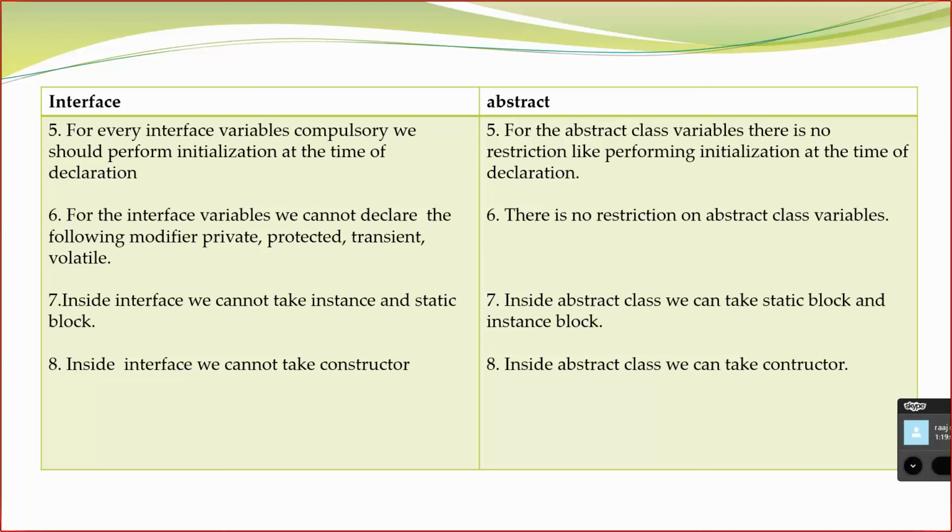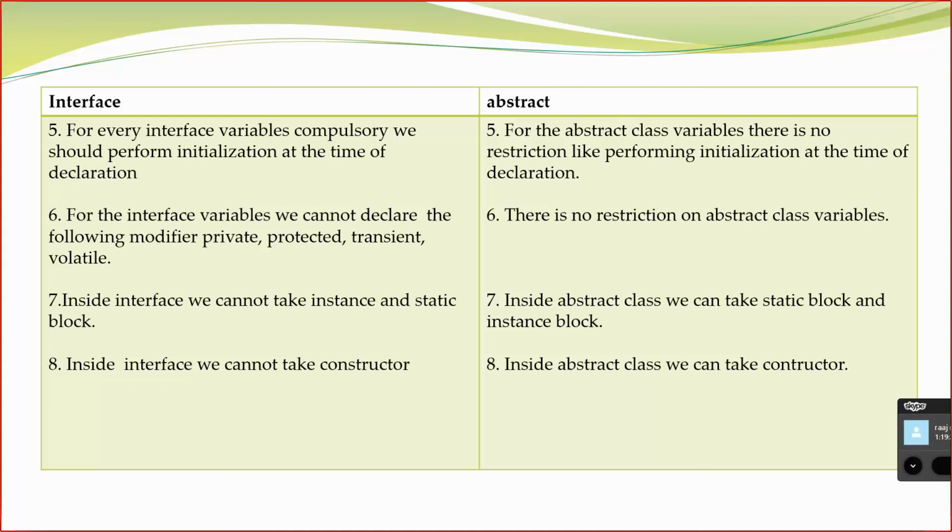But in an abstract class they are not final, so you can declare a variable and define its value at a later point. In interfaces we cannot use private, protected and transient for variables, but in an abstract class there is no restriction.